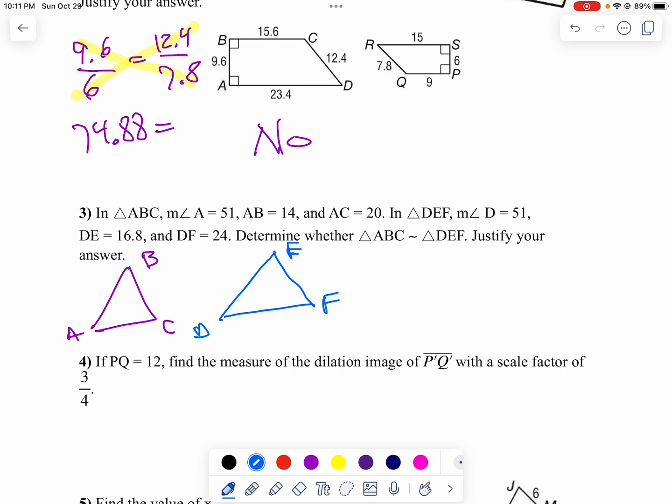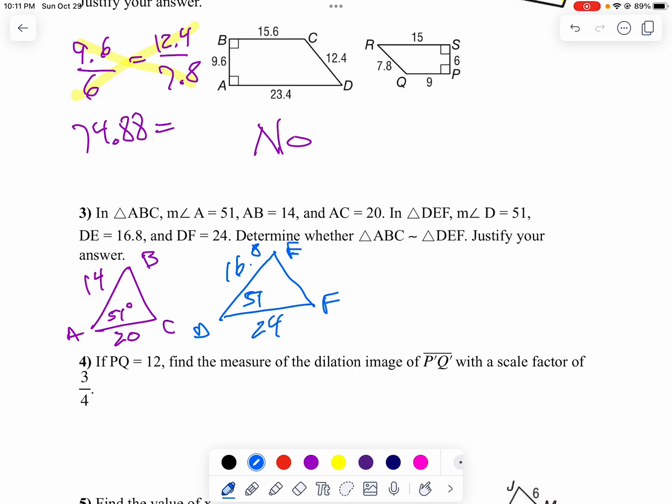Now I'm told angle A is 51 degrees. I'm told side AB is 14 and side AC is 20. And I'm told in triangle DEF, angle D is 51, side DE is 16.8, and side DF is 24.